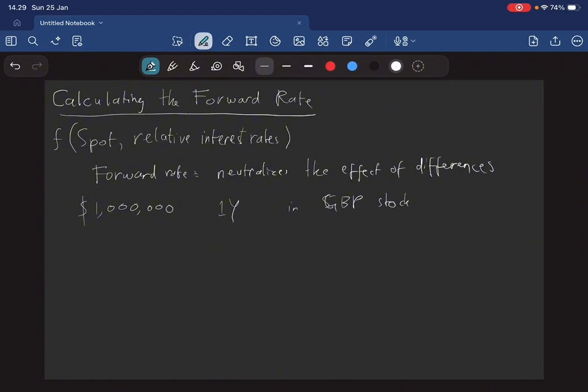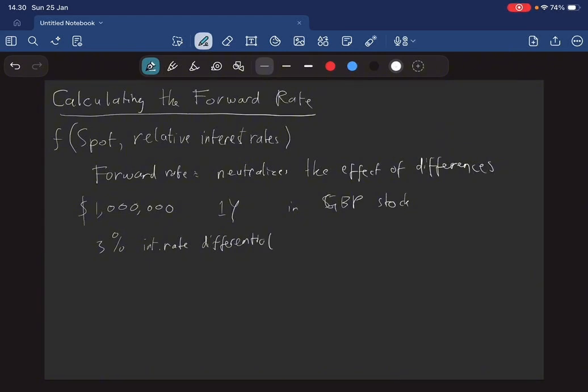Your investment parameters do not permit you to be exposed to exchange rate risk, so you must set the rate at which you will convert the sterling into dollars at the time you enter into the investment. So, there is a 3% interest rate differential between the dollar and sterling market.